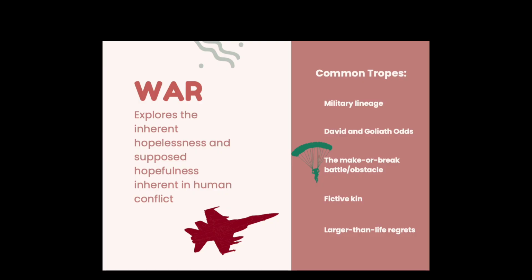For the make or break battle or obstacle, typically you would find this within the context of a war film that has historical leaning or historical focus, war in which everything is sort of centered around one specific battle. In order to win this war, we have to win this one battle.